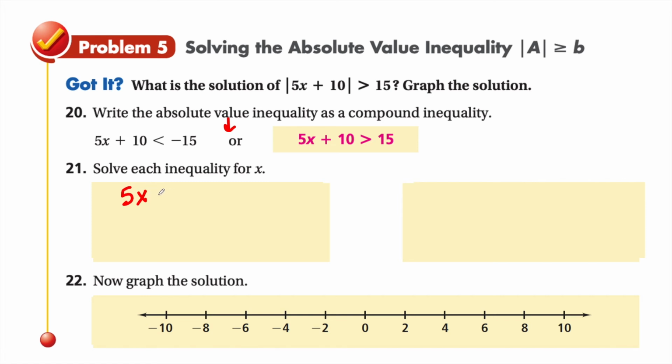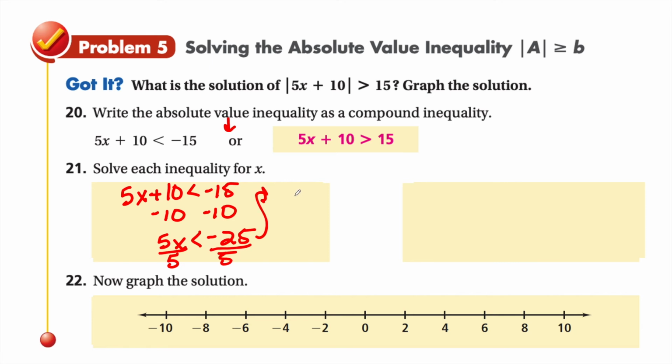So we'll get 5x plus 10 has to be less than negative 15. I'm going to subtract 10 from both sides. You'll get a 5x. It has to be less than a negative 25. Divide by 5. And you'll get that x has to be less than a negative 5.